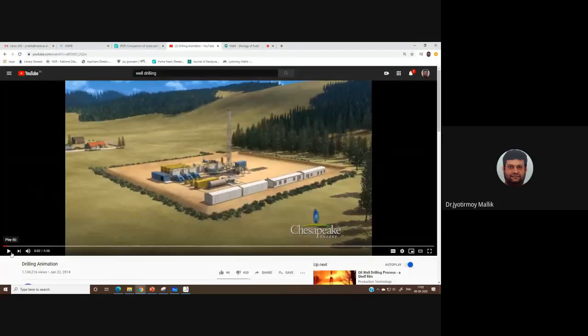Anyway, we will write that down later on. So this is what we call the Kelly bush. It is essentially used to hold a drill pipe at the top and then slowly proceed with the drilling, and you will see how it works as we move ahead with the video.